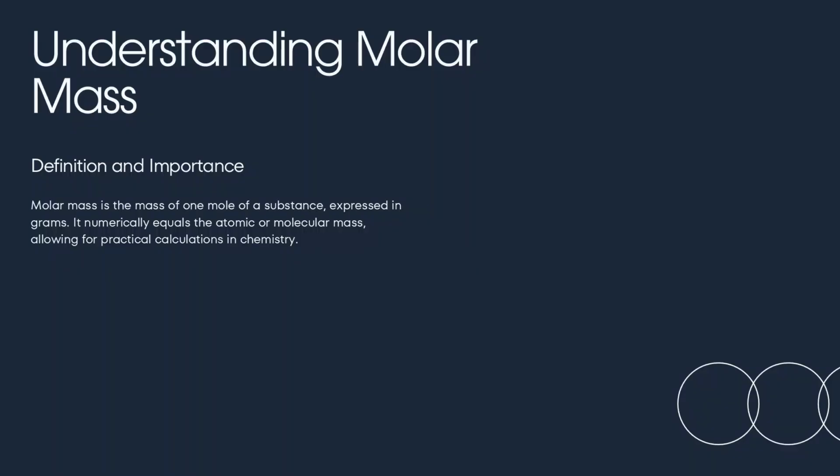Molar mass is the mass of 1 mole of a substance expressed in gram per mole. For example, 1 mole of carbon weighs 12 grams. 1 mole of water weighs 18 grams. What does it mean? That means 12 gram of carbon contains Avogadro number of carbon atoms.